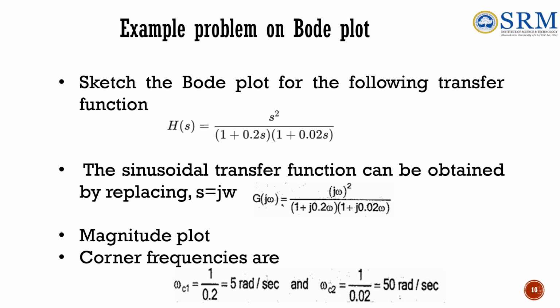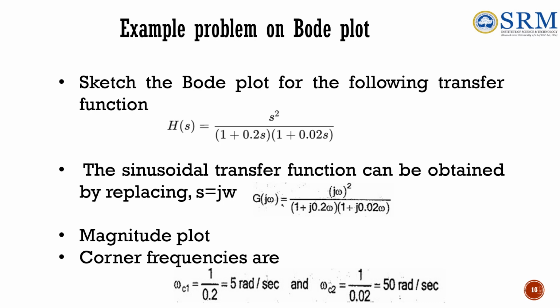To represent it in frequency domain, we need to replace s with j omega. So the transfer function in frequency domain can be written as G of j omega is equal to (j omega) the whole square divided by (1 plus j into 0.2 omega) into (1 plus j into 0.02 omega).